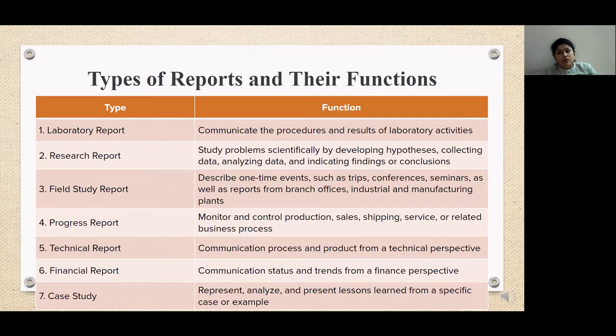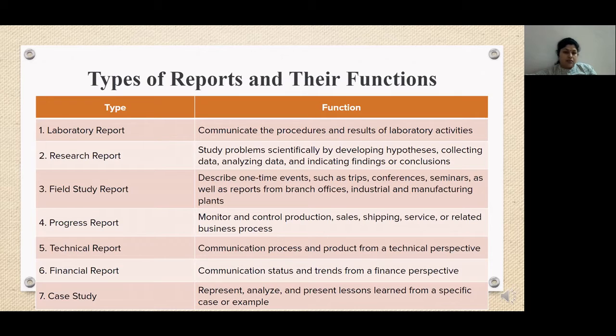They not only tell the current status, but also the trends. Trends means the previous functioning of the organization, and we take all decisions based upon the present financial scenario and the trends we have followed so far. So this is a very important report in the context of business organizations.